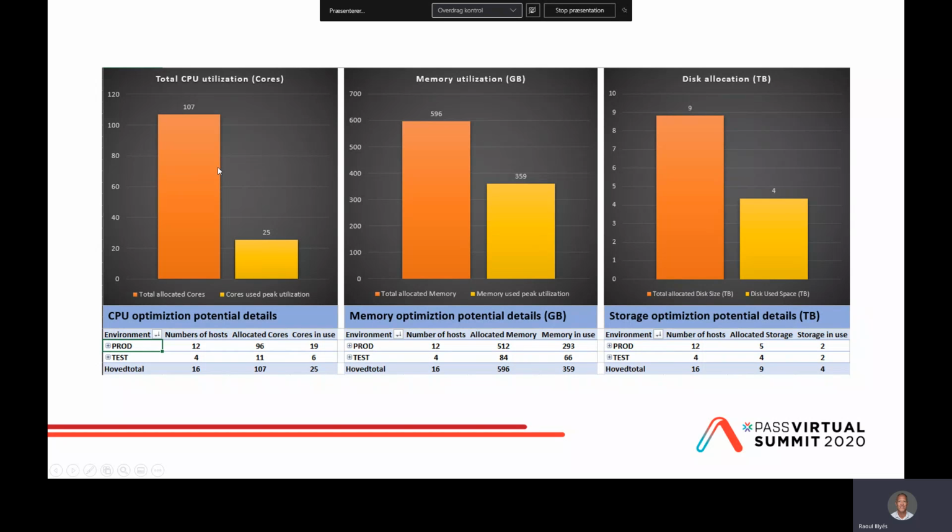I would say that CPU utilization is one of the key things that we focus on because, as you know, or hopefully know, or if you don't know, then I'm going to tell you that when it comes to SQL Server, licensing is almost always core based. If you want to license your physical hardware, that is only enterprise core licenses.